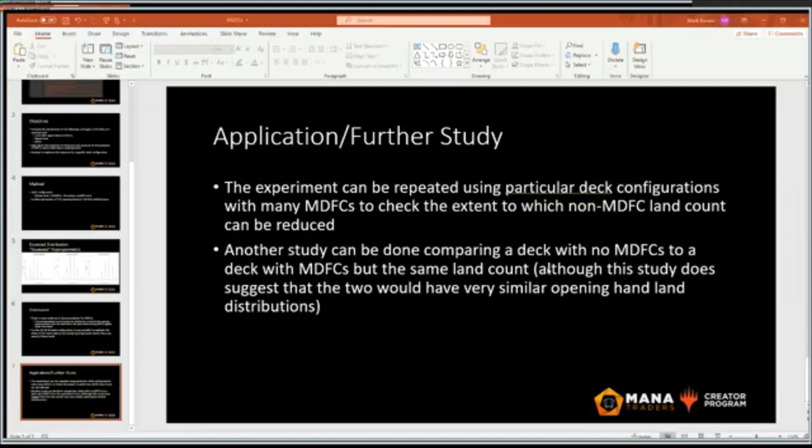Okay, so that's it for this presentation. I hope that it was enlightening, and I hope you could use that input in your deck building.